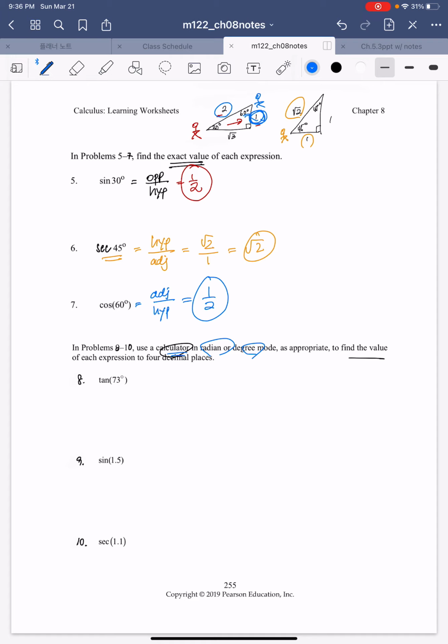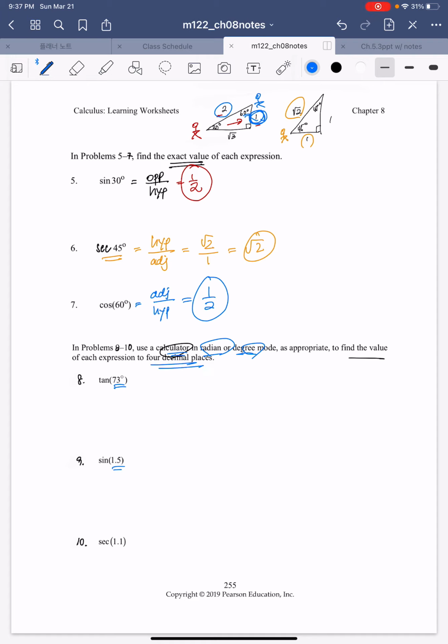It's going to give you a wrong answer if you put 73 in radian mode, or put 1.5 in degree mode. Also, when you find the answer, they want you to round it to 4 decimal places.